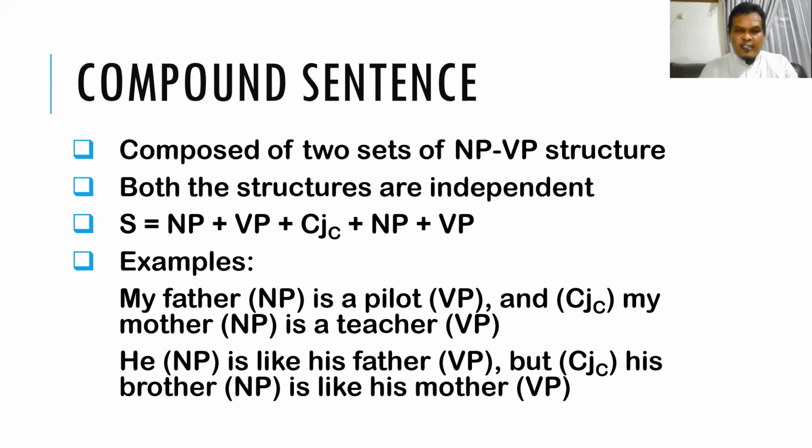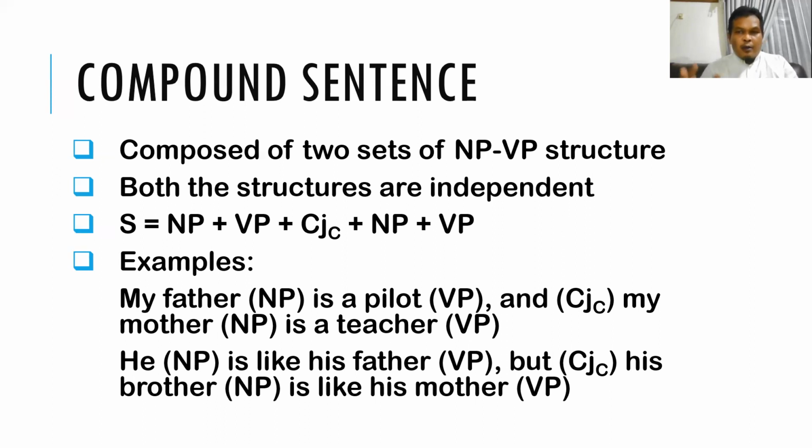And the first VP is a pilot and the second VP is a teacher. And the meanings of these two groups of NP-VP structure are connected by using and as the coordinate conjunction. So this is what we call a compound sentence.